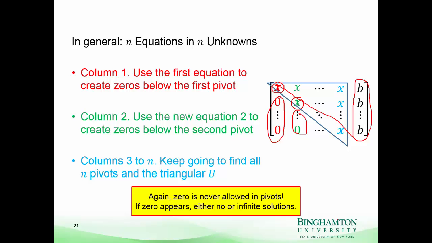And so if you end up with 0 pivots even after reordering the equations, then you're going to end up either having no solution whatsoever or infinite solutions.